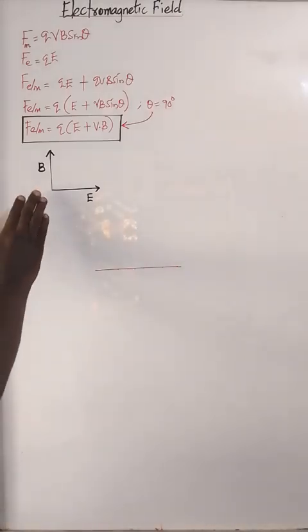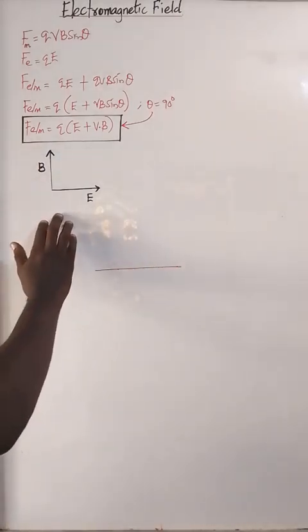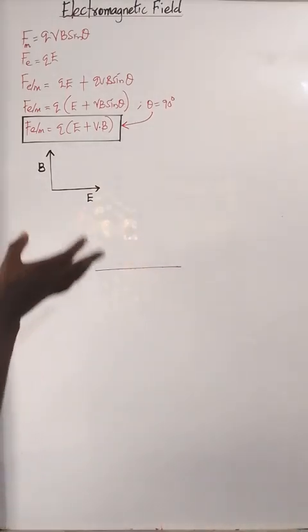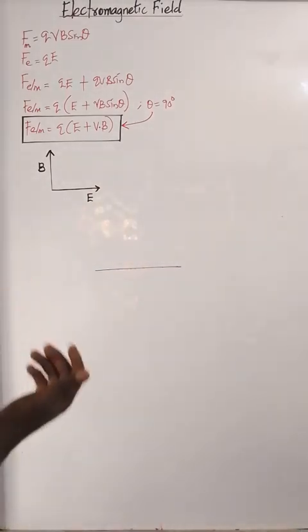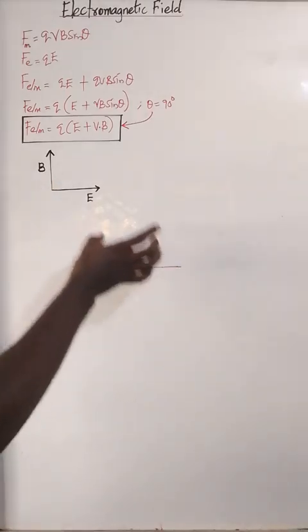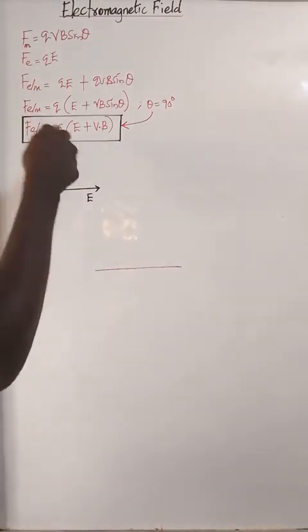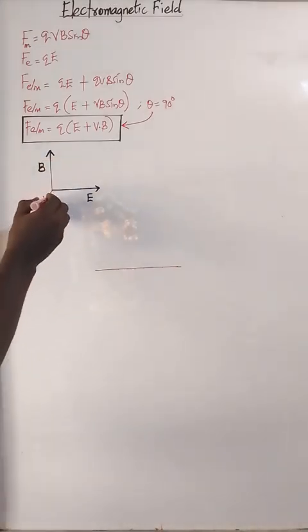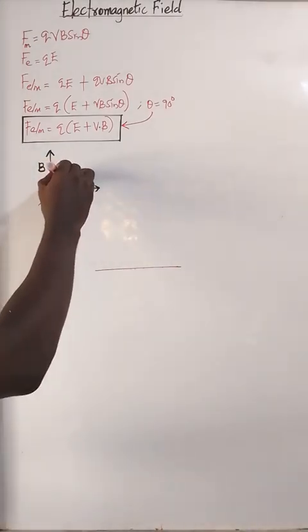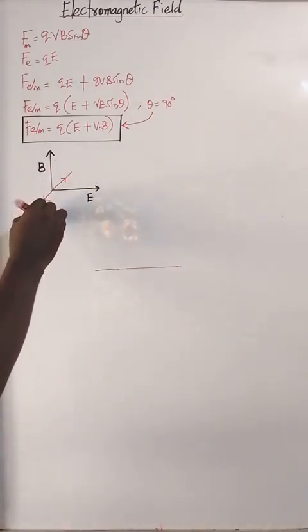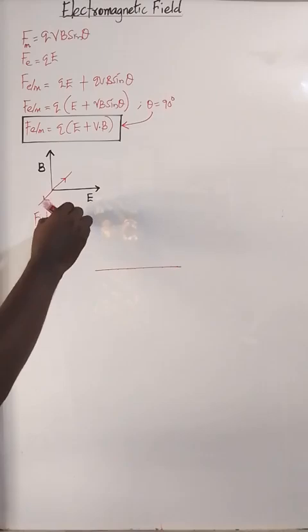So suppose we use the vertical axis for magnetic field, the horizontal axis for electric field. The third dimension is the z-axis, which can be outside this board or inside this board. So to place this conductor in this field, either it rolls inside or outside. To know this, we have to apply what we call Fleming's left hand rule.